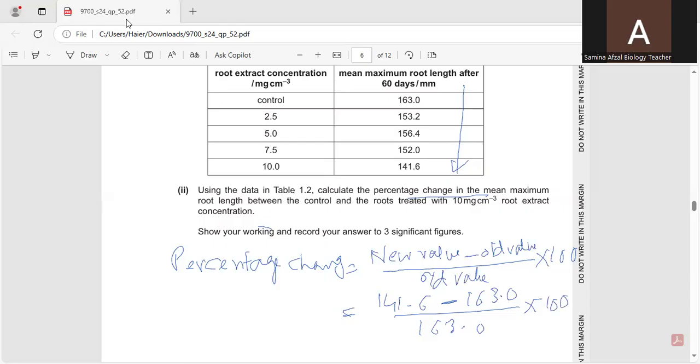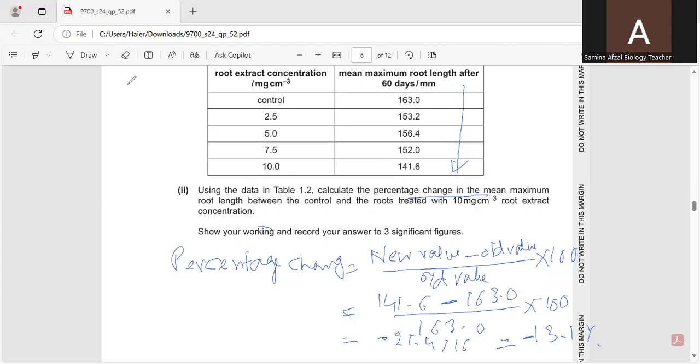So let me calculate this, and after calculation, the value is minus 21.4 divided by 163. So the answer is minus 13.1%. Students, it takes time when I do all my work in front of you, but it will help you to understand.